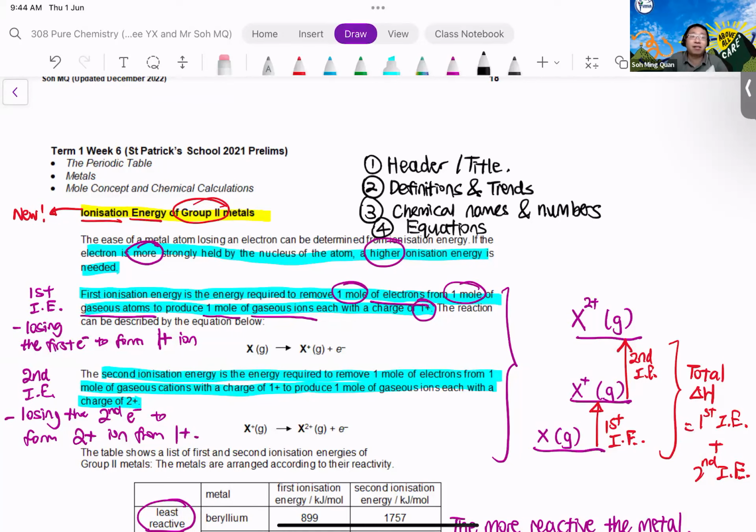This is because the ionization energy is defined for the gaseous state. So clearly, you can't do the calculation if it's not in the gaseous state. These are the four main things to take note of in every single data-based question: the header, the definitions and trends, chemical names and numbers, and finally, equations that are given to you.